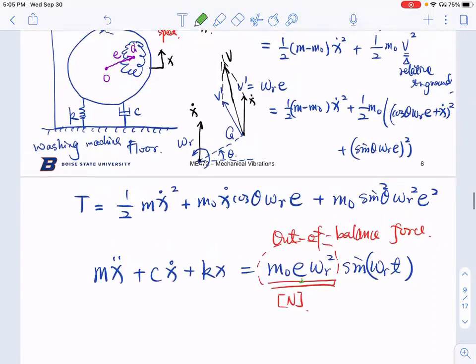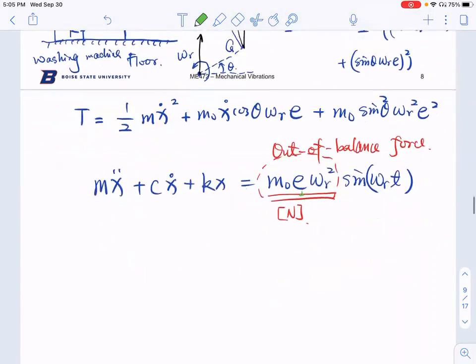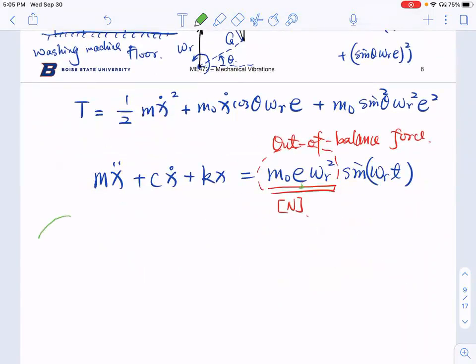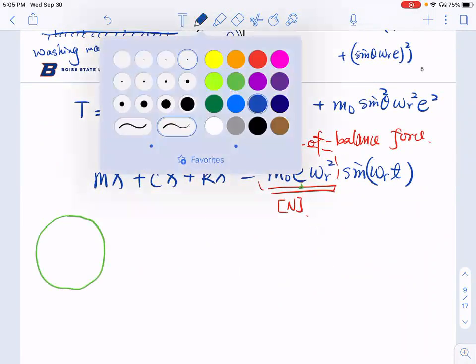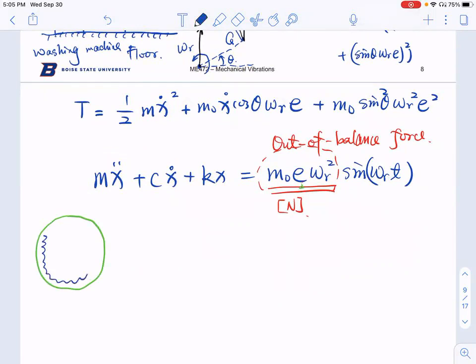So in this case, if you look at your bucket, you actually want your dirty clothes to be evenly distributed along the circumferential direction, right?